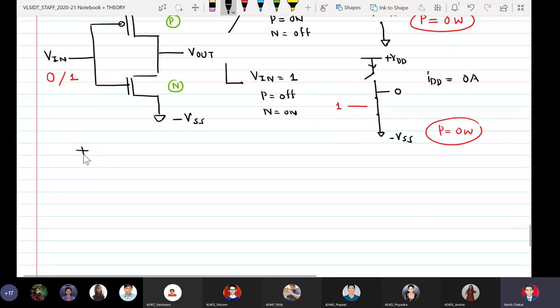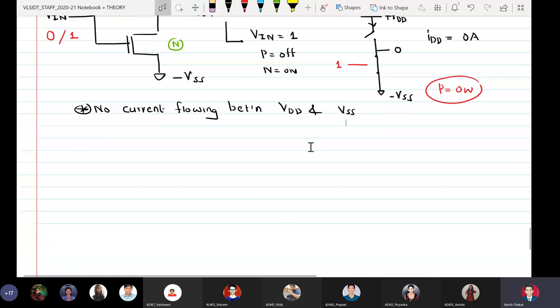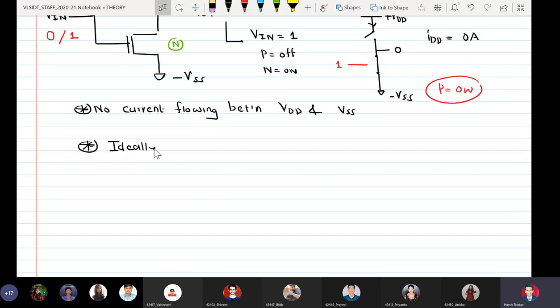Okay, so we can say ideally P static equal to 0 watts.